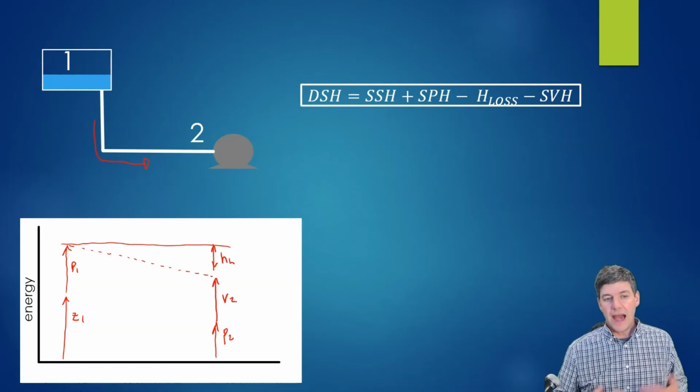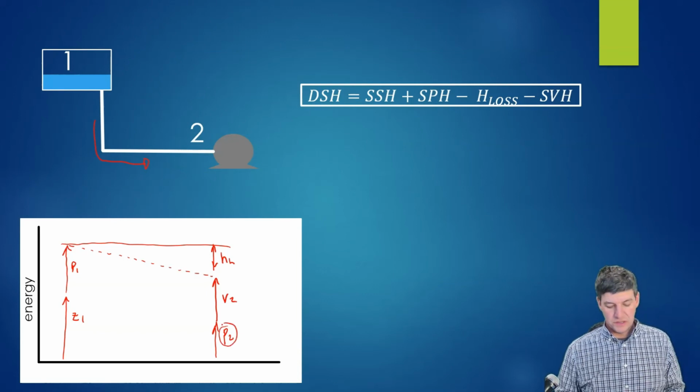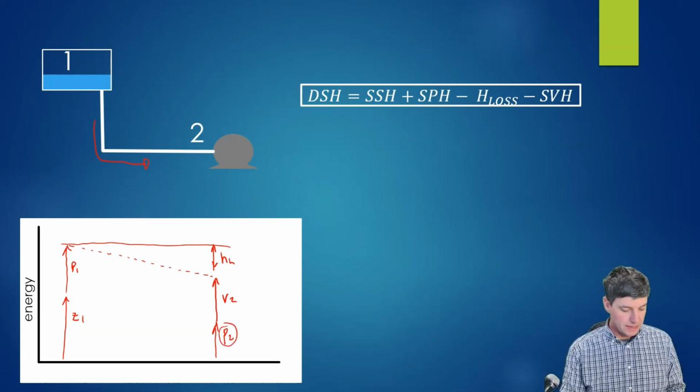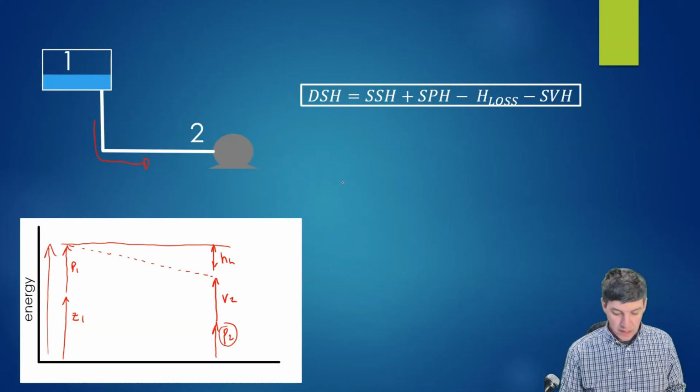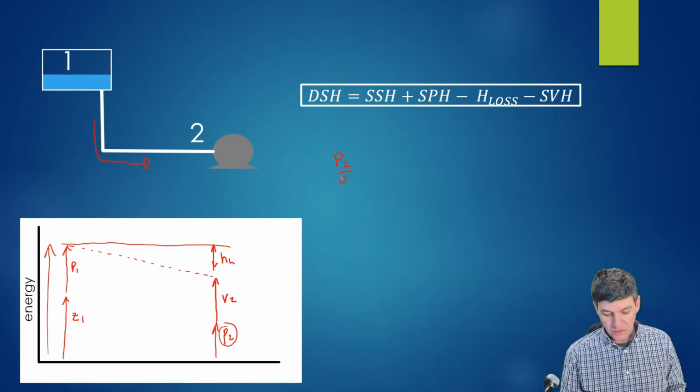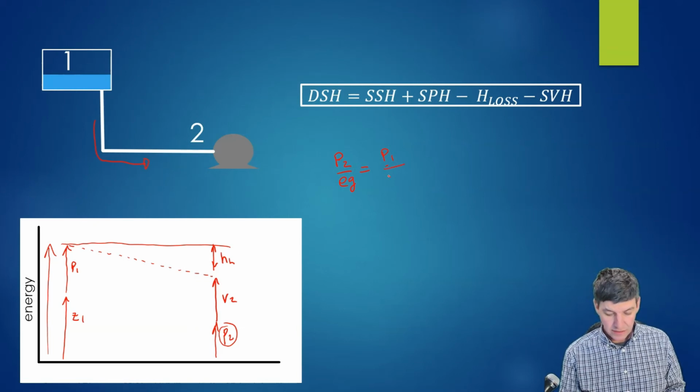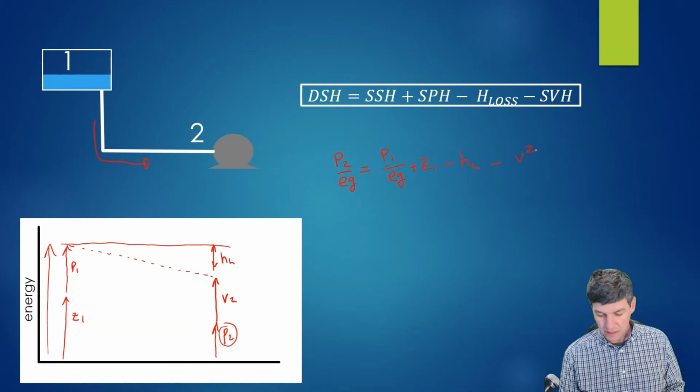And so if we look at how we come up with our pressure 2, well, it's going to be the distance to get me up on the left-hand side, P1 plus Z1 terms. And then I'm going to subtract the head loss and the velocity. So what I would end up with is P2 over rho g is equal to my pressure 1 over rho g plus my Z1 minus my head loss minus V2 squared over 2g.